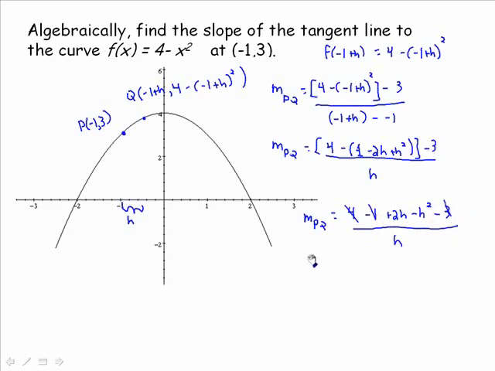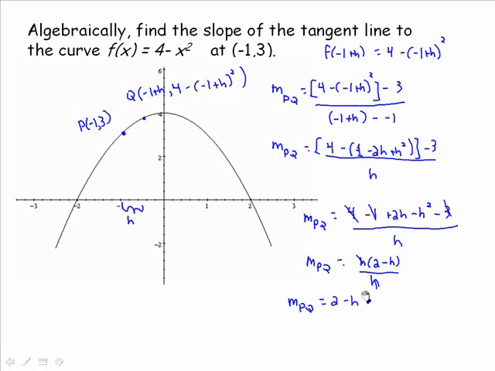It's gone. So MPQ is equal to, we factor out an h, and we get h times (2 minus h) divided by h. And we're able to divide out that factor of h from them both. So MPQ is equal to 2 minus h.